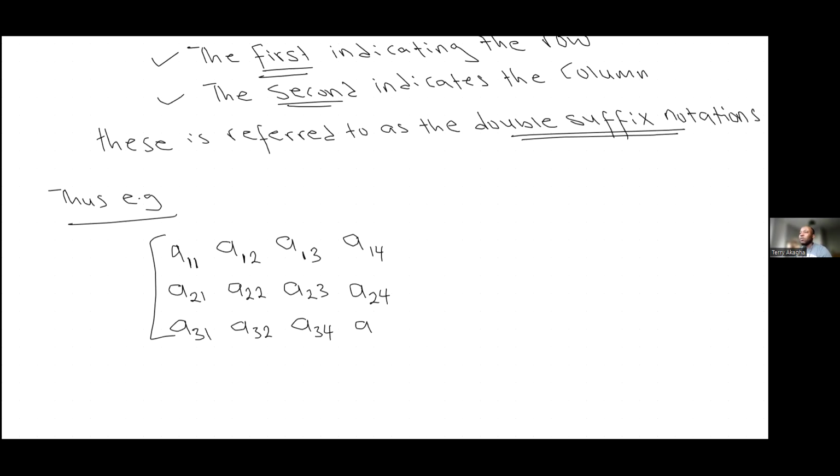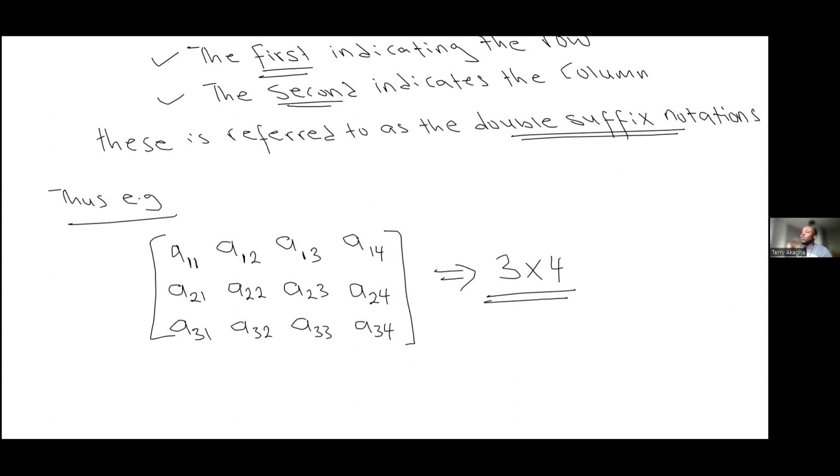So this is in the third row, third column, and this is in the third row, fourth column, and this is it. And now when you look at this, remember we talked about the order. This is how many rows we have. This is a 3x4 matrix.